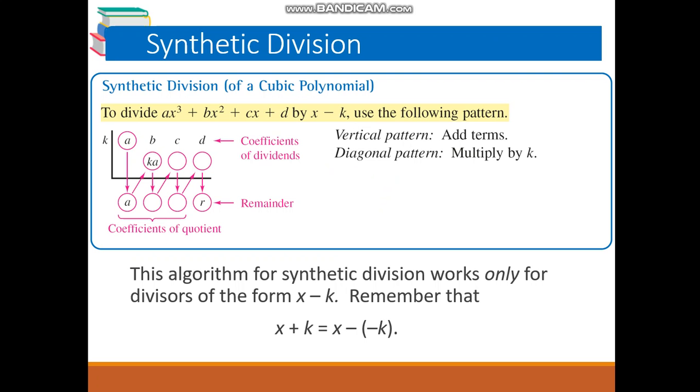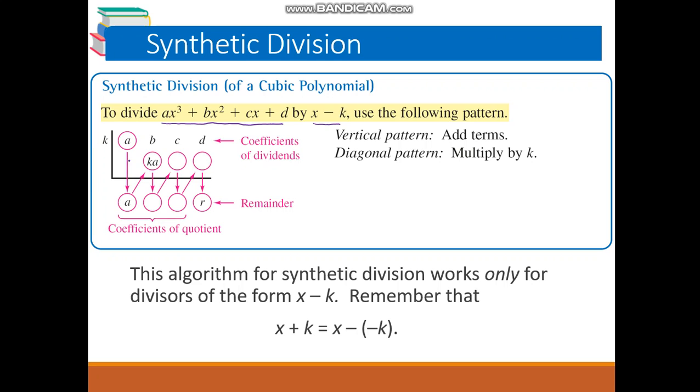If we have this as our polynomial, and we want to divide by x minus k, we're going to write down all the coefficients we have. And we write down k out here because we're going to divide by k.